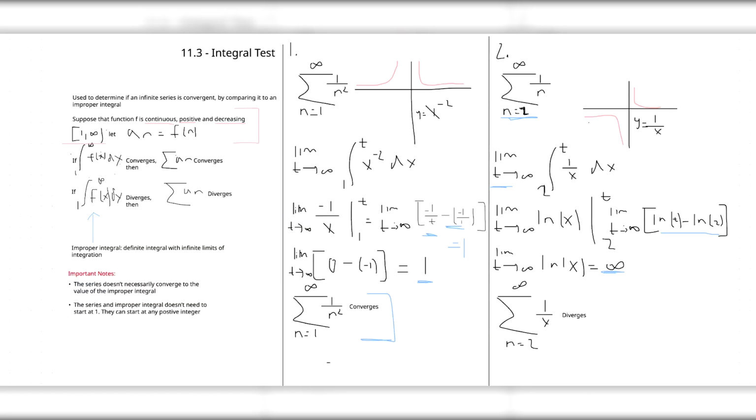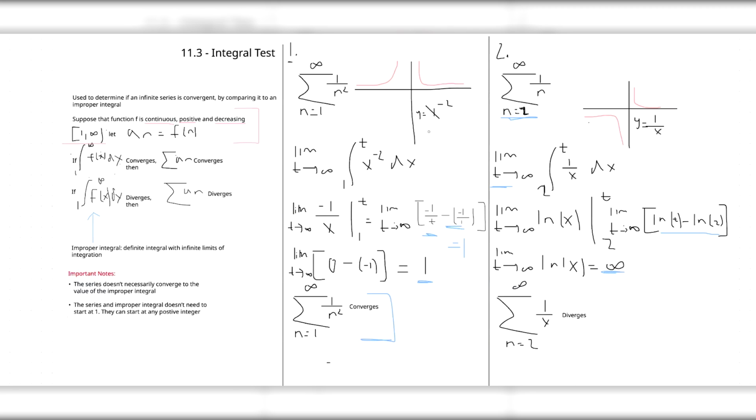Okay. So in terms of practice problems, looking at problem one over here, we're going to look at the series 1 over n squared. And so the first thing we should do is check that it works with all our conditions. I've graphed it here.